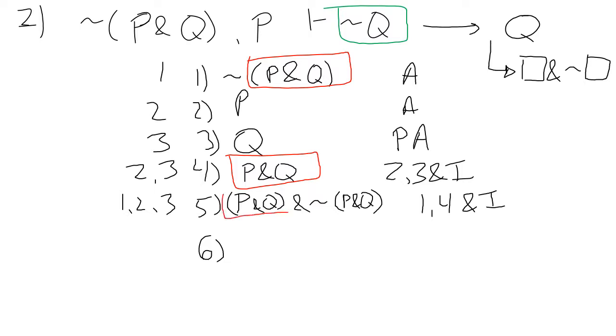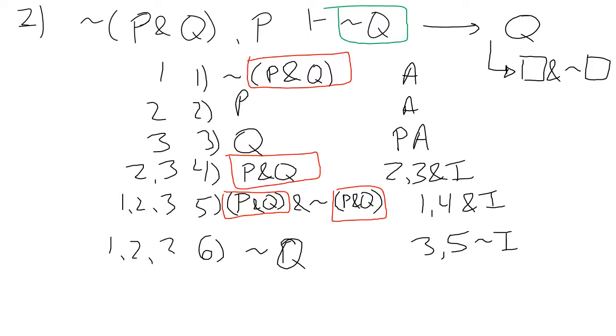That is, I've got a thing written on one side and I've got the exact same thing written on the other side just with a tilde in front of it. And so from our contradiction, we can put a tilde next to our PA. We cite our PA, we cite our contradiction line, we do tilde in, and 1, 2, and 3, but the 3 drops out, so really it's not there.